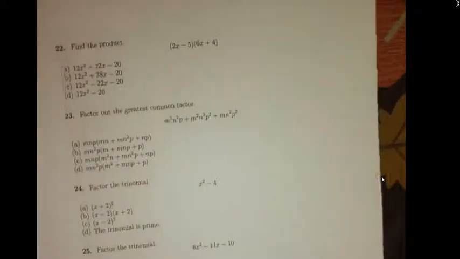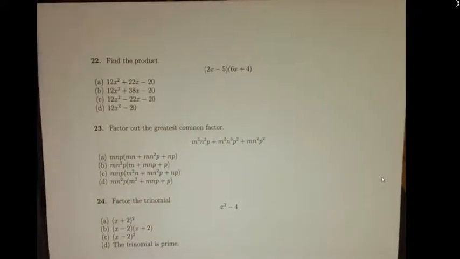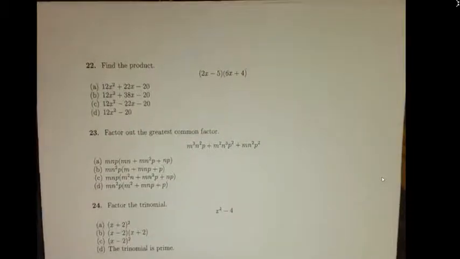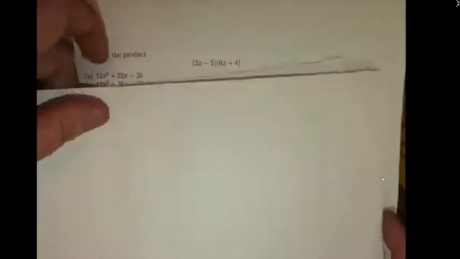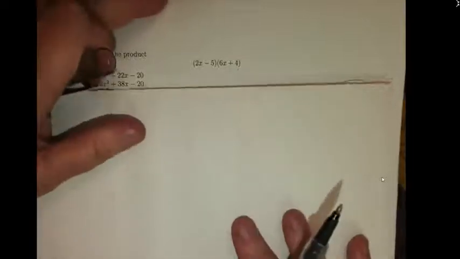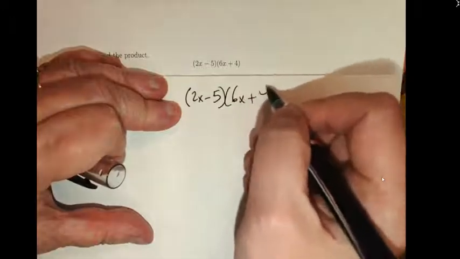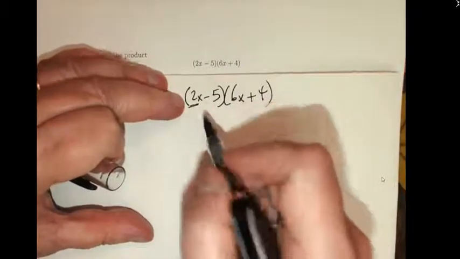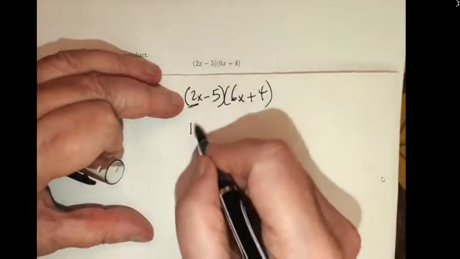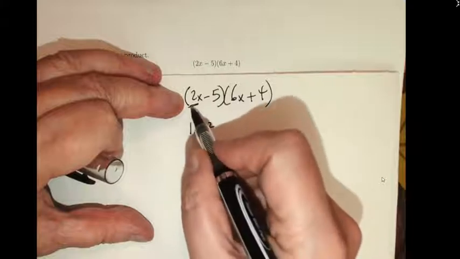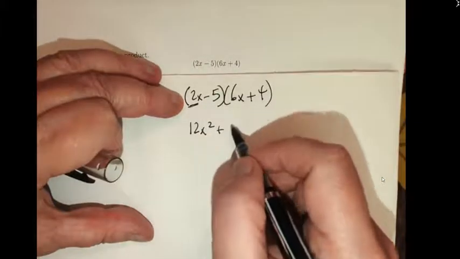All right, here we're just going to find the product, and so you're just going to have to FOIL. Okay, so that's not too bad. So if I'm going to do this, I'm going to have a 2x times 6x, which is going to give me 12x squared, plus 2x times 4, which is 8x.